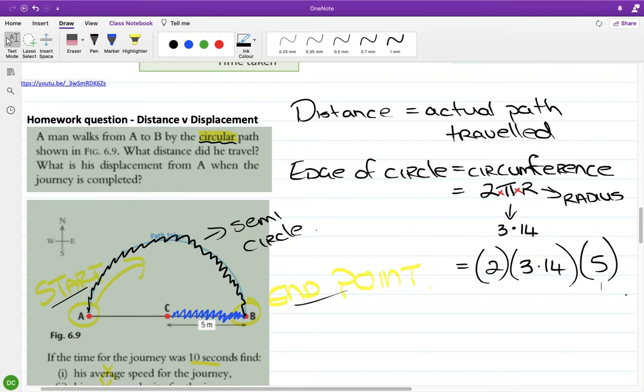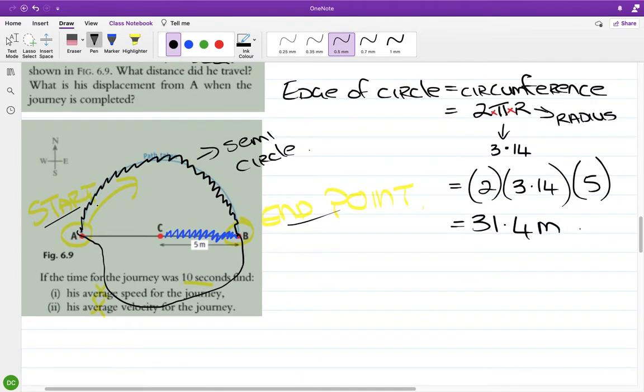Sorry about that. Okay, so I'm typing in 2 multiplied by 3.14 multiplied by 5. And I'm getting 31.4 meters. So that is the circumference if this man had walked the full circle, that would have been 31.4 meters.